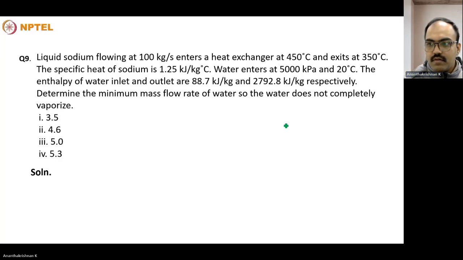Liquid sodium, even before getting evaporated, can attain a higher temperature of 883 degrees Celsius. So it retains its liquid form at that temperature.